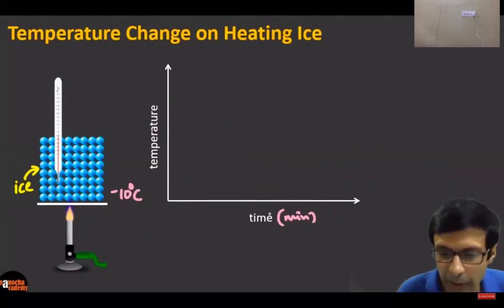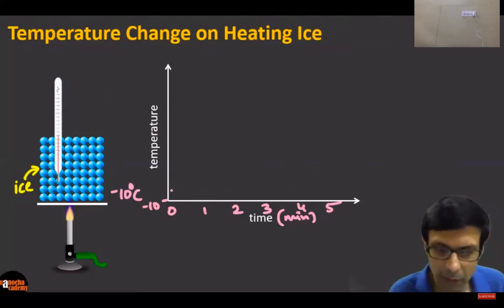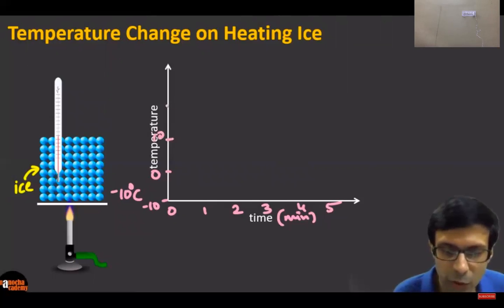So again, we can say the time is in minutes, and these are, of course, just rough numbers. Let's say we have 5 minutes here. So this starting point is at minus 10 here. And there's a 0, then 10, 20, and so on.